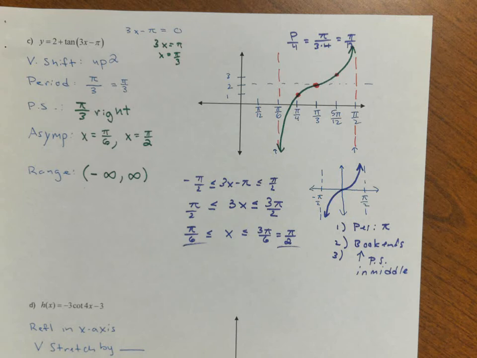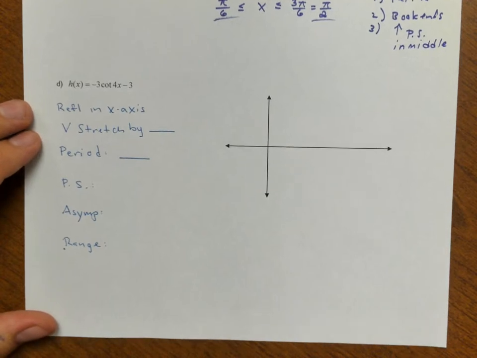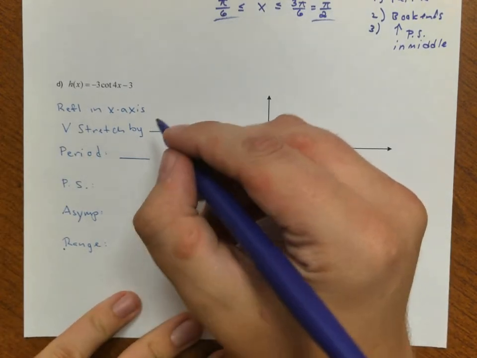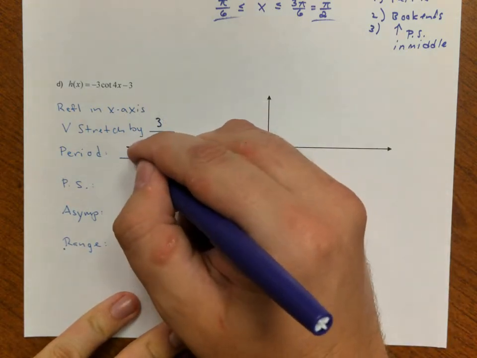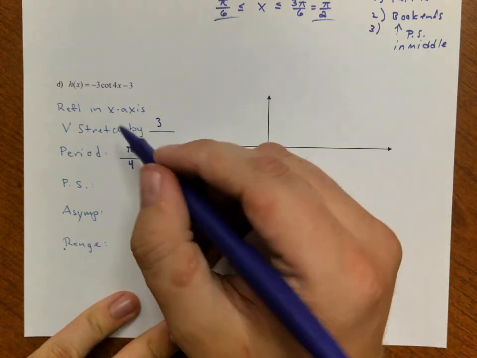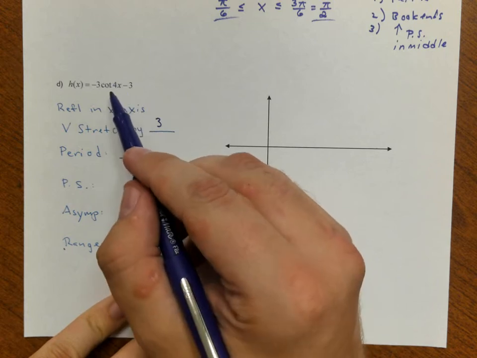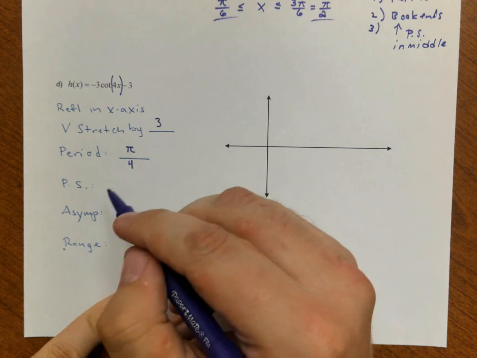Let's go ahead and do one last example. Let's look at a cotangent. All right. So I can worry about all of my analysis. I can see there's a reflection in the x-axis. I can see I have vertically stretched by 3. I can figure out that my period is pi divided by 4. For my phase shift, well, I notice here there are no parentheses, which means this is 3 times the cotangent of 4x minus 3.